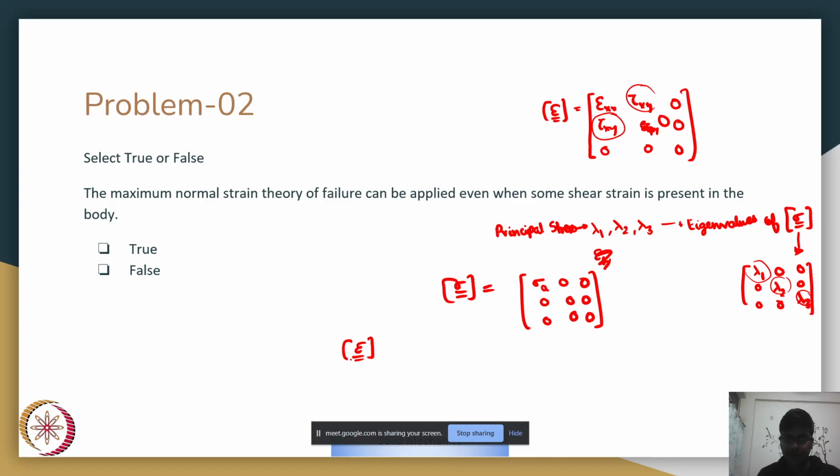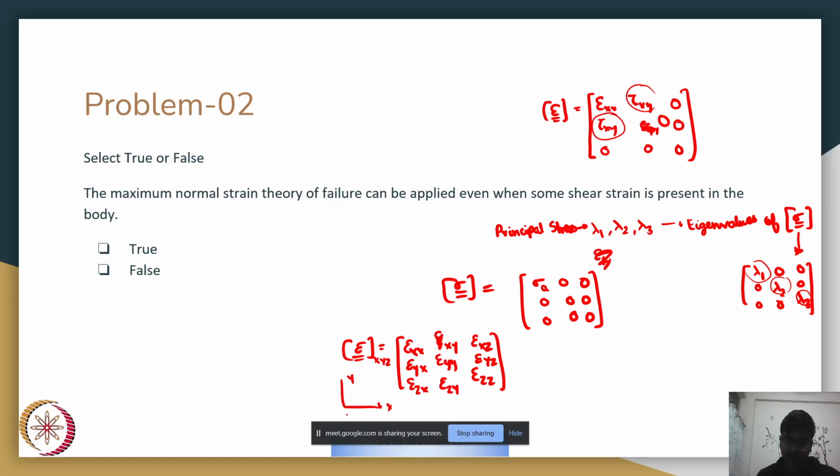A general strain tensor can be written as epsilon xx, epsilon yy, epsilon zz, sorry, epsilon xy, epsilon xz, epsilon yx, epsilon yz, epsilon zx, epsilon zy. This is how a general tensor for a particular coordinate frame xyz can be written.